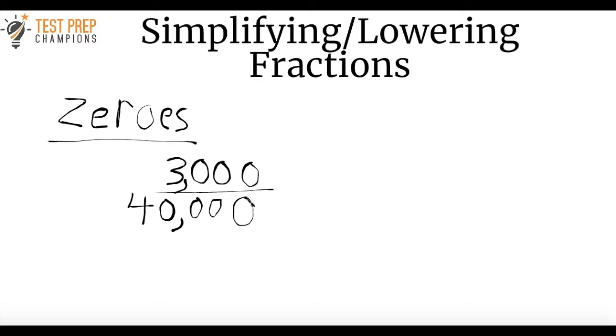Go ahead, pause the video if you want, think about it, and then we'll go over this. Again, we want to cancel out an equal number of zeros. 3,000 has three zeros, and 40,000 also has three zeros. So we can cancel out three zeros from the top number and three zeros from the bottom number. What does that leave us with? It's going to leave us with 3 over 40.